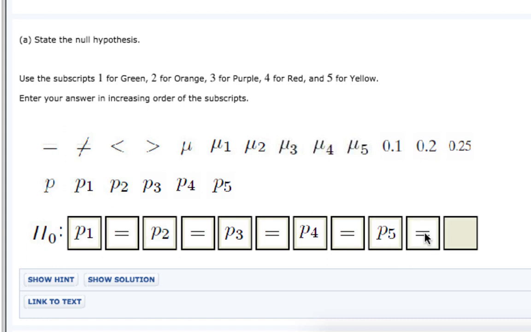Because they're equal, 1.00 divided by 5 groups would give us 0.2. In other words, the null hypothesis is that in the population, all 5 groups will be P equals 0.2.